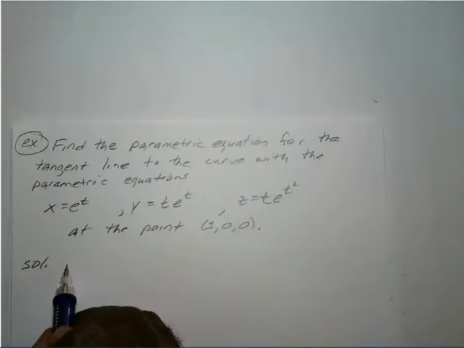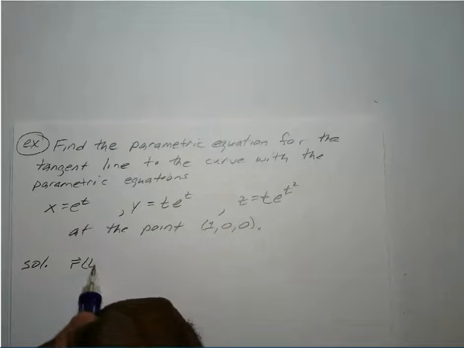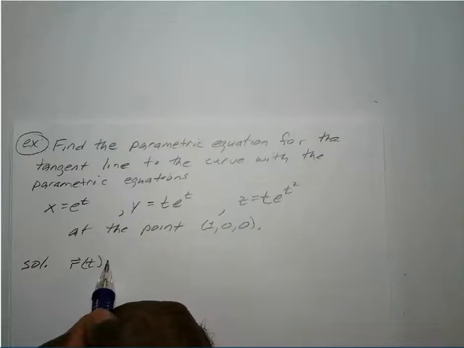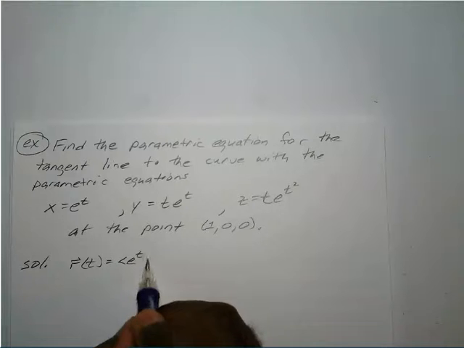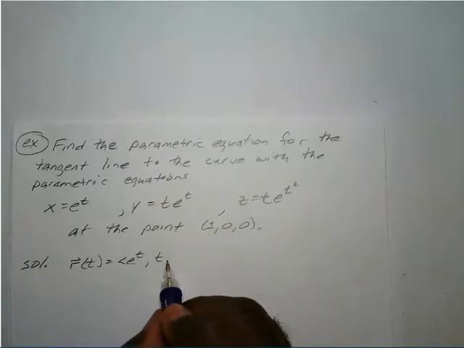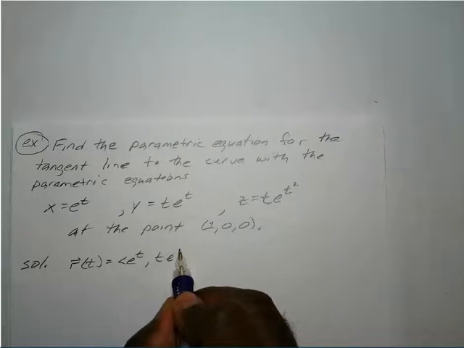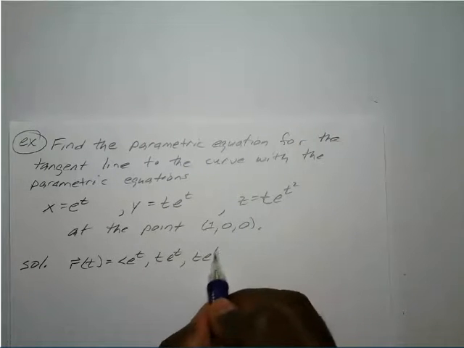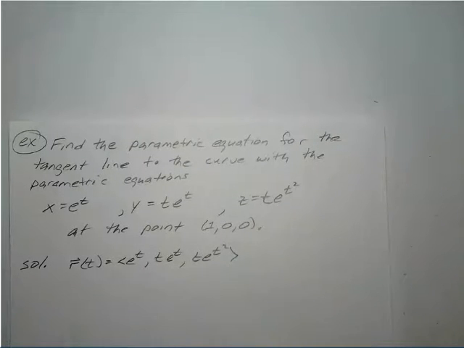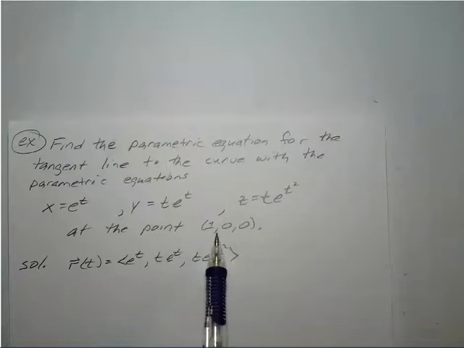Remember, you can always make it r of t equal to e to the t, t e to the power of t, and t e to the power of t squared. Now, we want to make this equal 1, 0, 0.